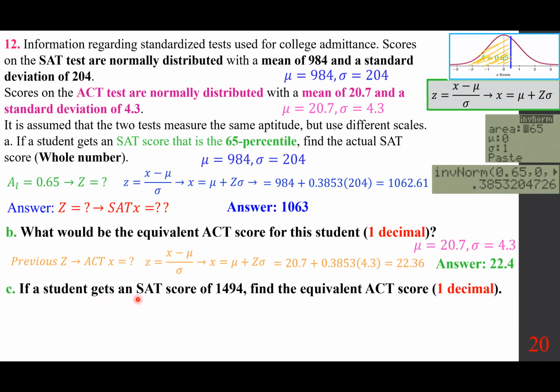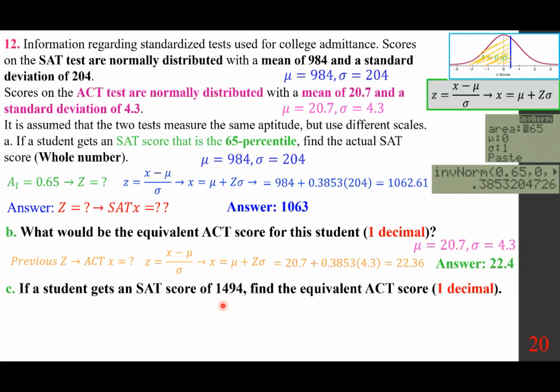If a student gets an SAT score of 1494, so over here the SAT score is 1494, the X value here is 1494. Find the equivalent ACT score.